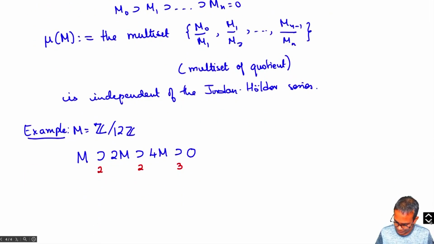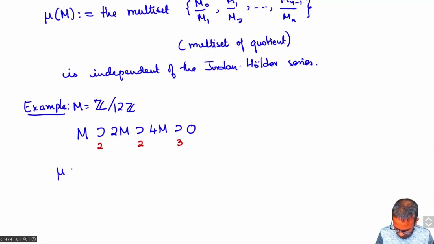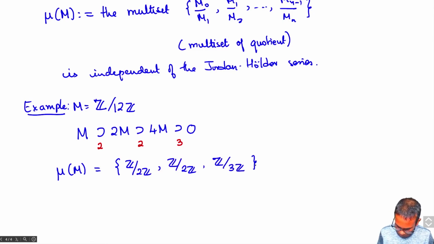So mu of M is Z mod 2Z, Z mod 2Z, Z mod 3Z. A multiset. Okay, and this doesn't depend on the composition series. And if you have two isomorphic modules, then these multisets are equal.